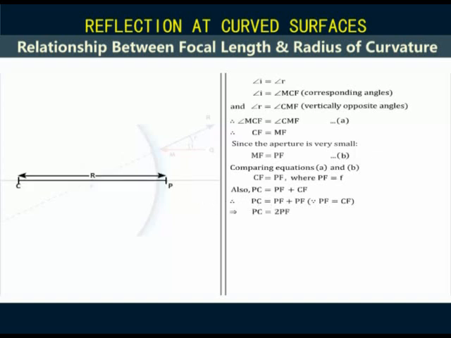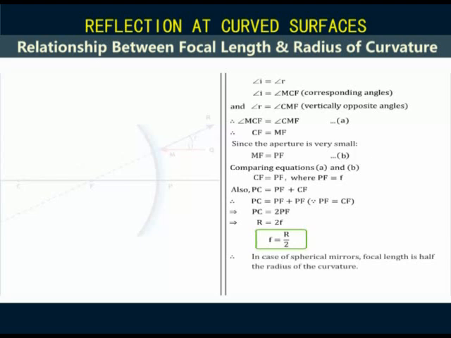Therefore, R, the radius of curvature, is equal to 2PF. But PF is the focal length of the mirror, and therefore R is equal to 2F, or F is equal to R over 2. And therefore in spherical mirrors, the focal length is usually half the radius of curvature.